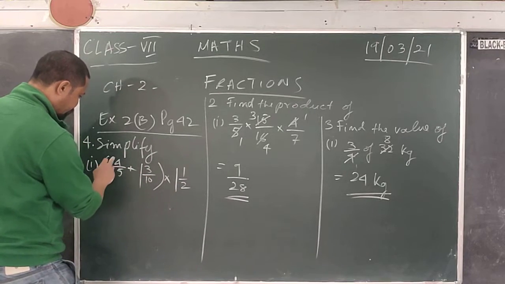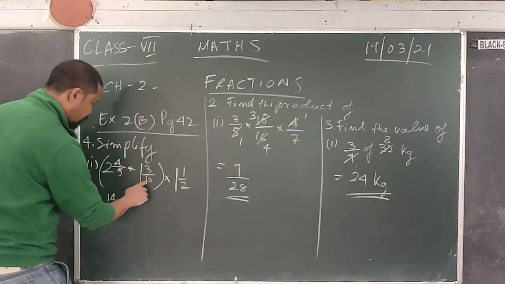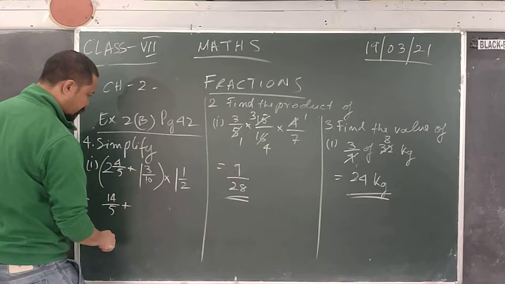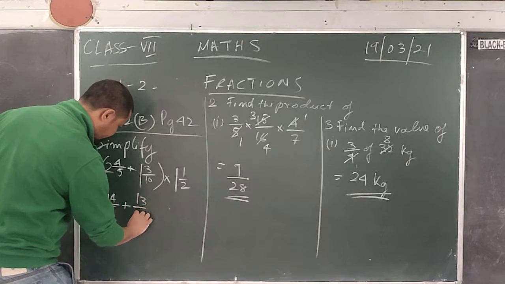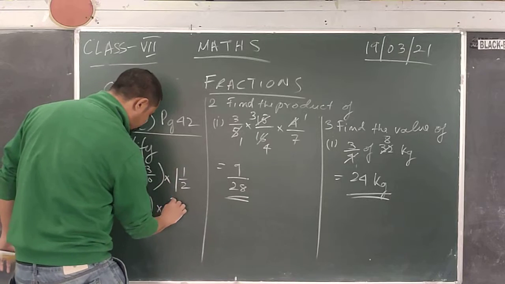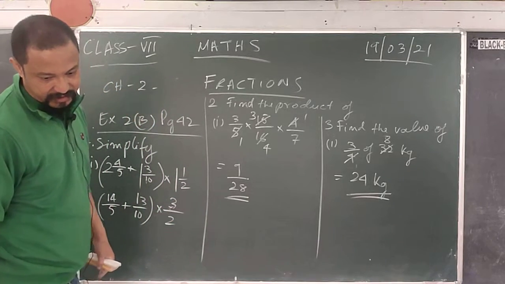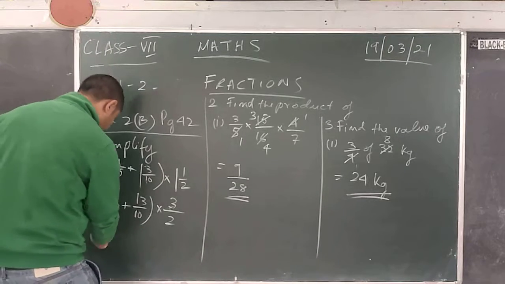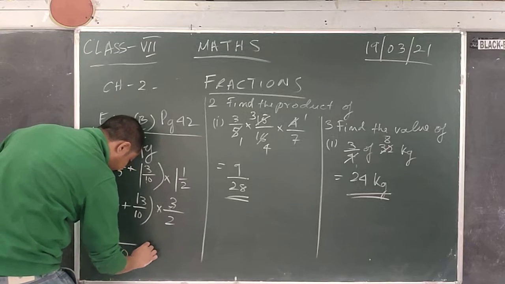Okay, so 5 2s are 10 plus 4 is 14 upon 5, plus 10 1s are 10 plus 3 is 13 upon 10, into 2 1s are 2 plus 1 is 3 by 2. Okay, 5 and 10, you need to find the LCM, so the LCM will be 10 only. If you don't know how to do that, please let me know in my personal chat.